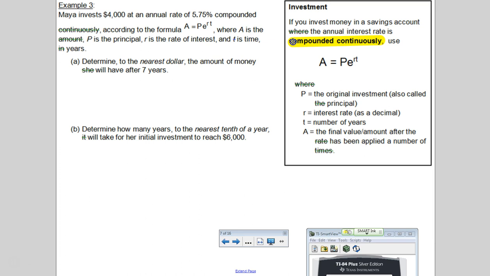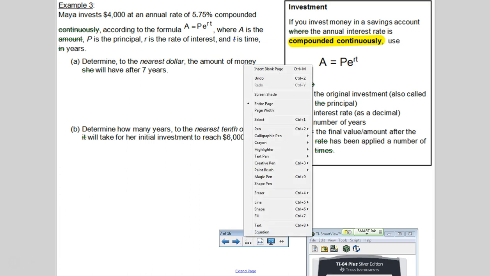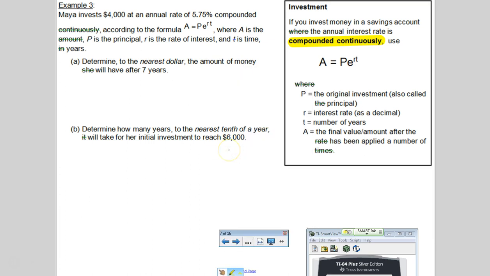Okay, so Maya invests $4,000 at an annual rate of 5.75% compounded continuously. So if it's a compounded continuously problem, that's where E is applied in real life. So compounded continuously, you're going to use that formula. And again, they mostly give you these formulas.